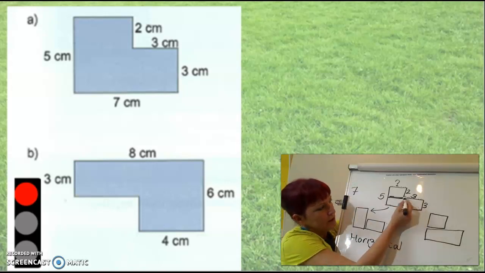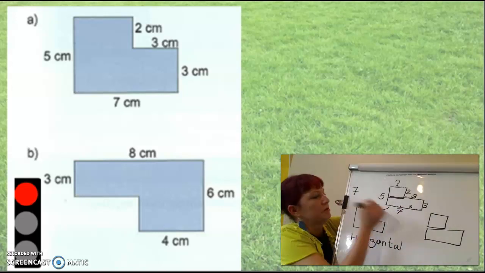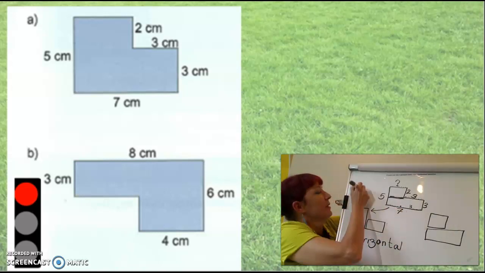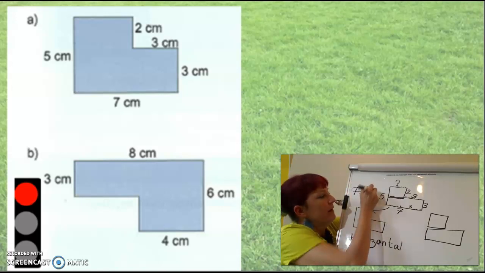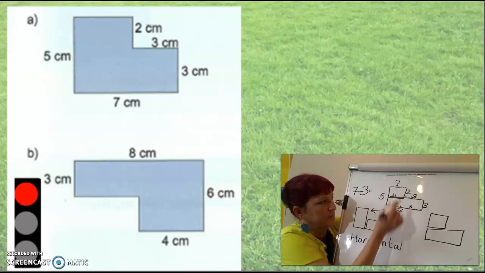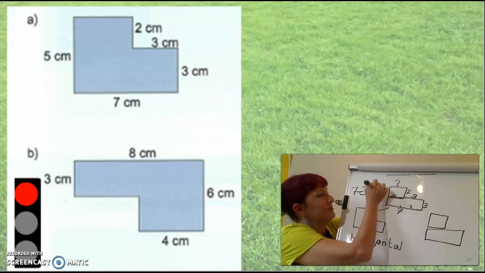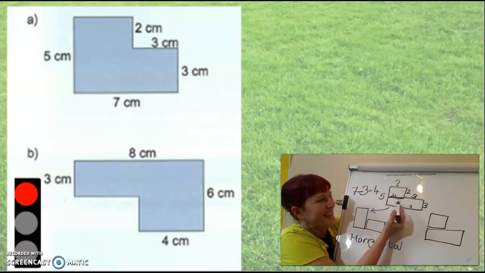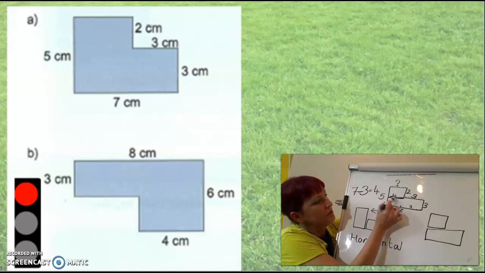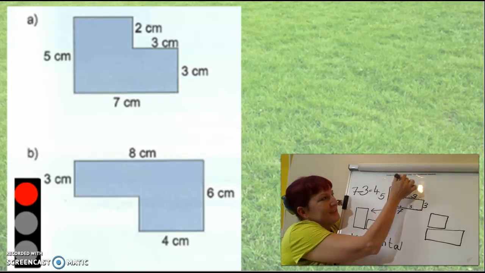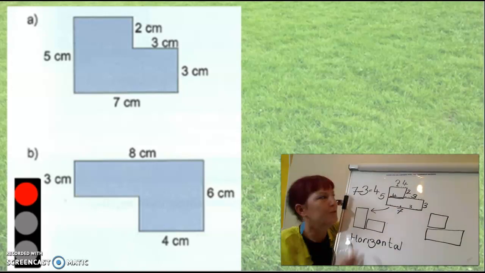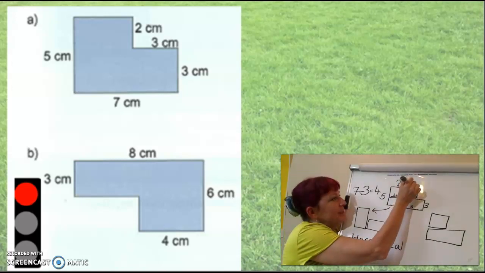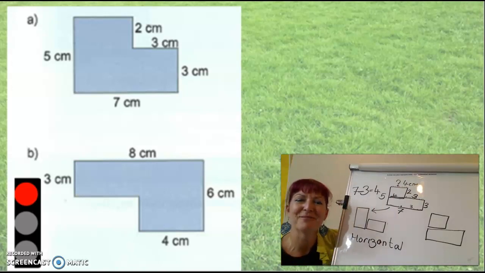I know that from here to here is 3. So what I want to do is get my whole 7 and take out the 3. And then whatever is left will be this bit. I could check it. 7 take away 3 is 4. So 4 plus 3 is 7. So if this side is 4, this side has got to be 4 centimetres. Well done if you got that.